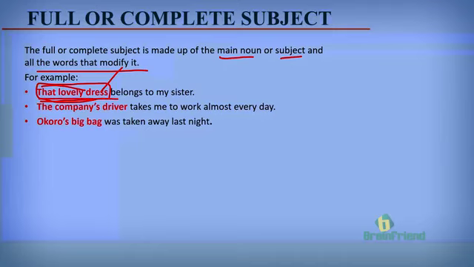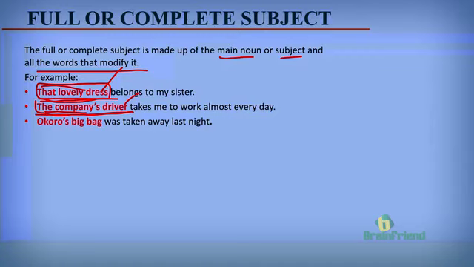Then again, we have, the company's driver takes me to work almost every day. The company's driver is a full subject because it consists of the main noun, which is driver, and then the words the company's, which describe the word driver. So that whole expression, the company's driver, is a full subject.